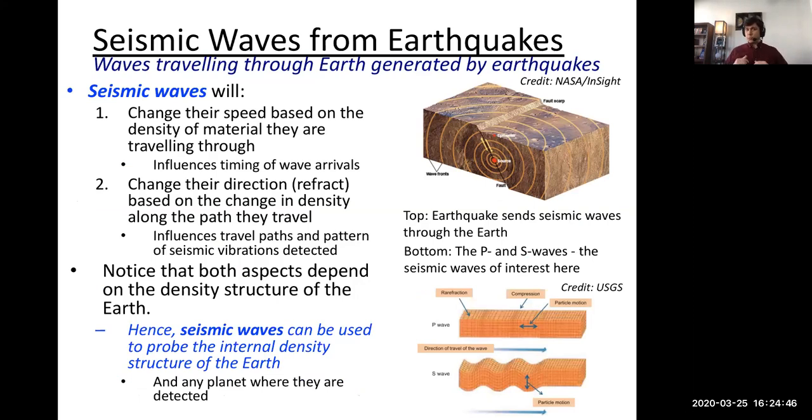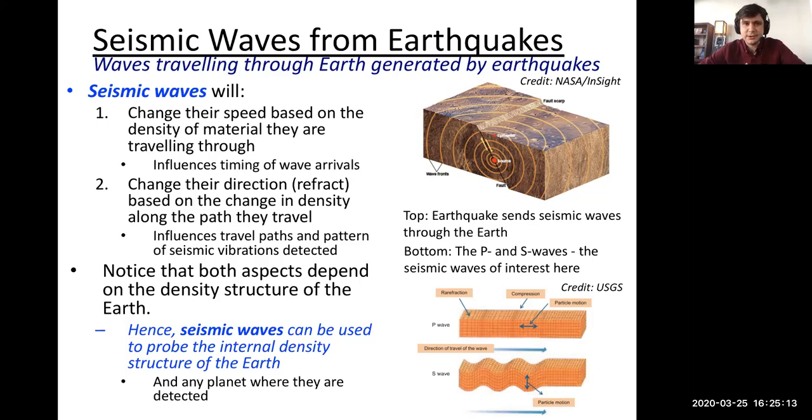Seismic waves are waves, and as waves, they behave with all the wave properties we've come to know and love. This is going to be the key to how we actually use them, because they are sensing and carrying information about the densities that they're traveling through. What information are they carrying? How do they carry it? Well, seismic waves will change their speed based on the density of material that they're traveling through.